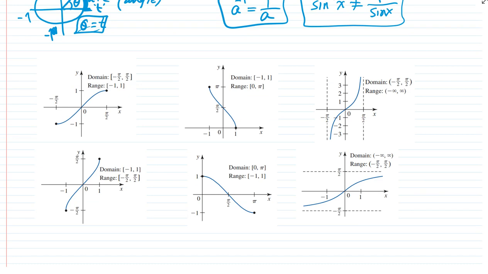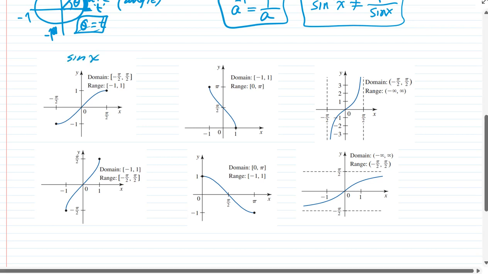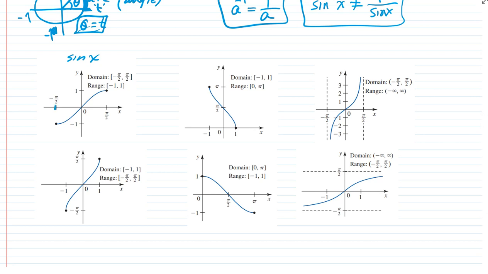The one you're looking at on the top left is the one for sine. This is sine x. Remember, that's the restricted sine because our domain is from -pi/2 to pi/2. And of course, the range of sine is -1 to 1. Once we restrict it, the inverse trig function, the arc sine of x, is directly below it. And remember the relationship between the domain and range of a function and its inverse.